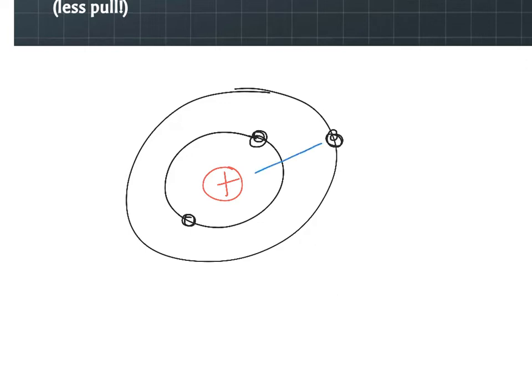We already know that the valence electron is attracted to the nucleus. They want to be close together. But we also know that 2 negative things repel each other. Oh wow, we have some negative things in between. So this electron and this electron are repelling our valence electron. They're acting as a shield. They are blocking the attraction from the valence electron to the nucleus.